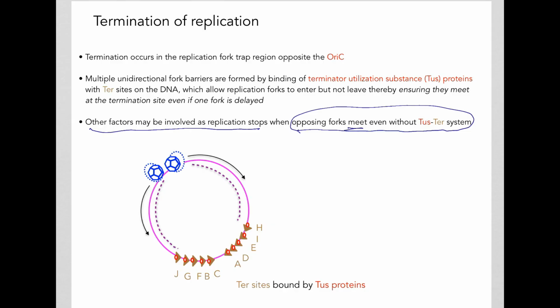They will meet and stop replication even without the presence of TUS-TER. So there must be other factors besides this TUS-TER system that are used for termination of replication.